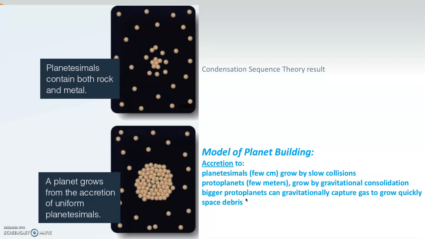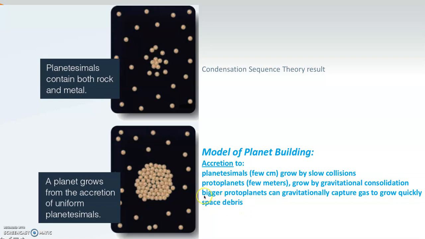Then it can start to capture gas gravitationally. But guess what? The planets that are in the terrestrial area, the inner area, never get to be that size. So they never get to capture that gas, and they never grow that big and that quickly.